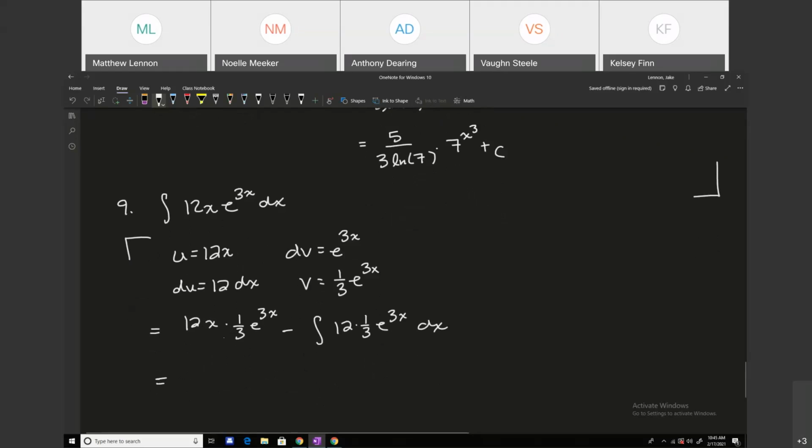So 12 over 3 is 4, so we have 4x e to the 3x minus the integral of 4 e to the 3x. And to integrate the second part, you again divide by 3. So we'll have 4 over 3 e to the 3x plus a constant.